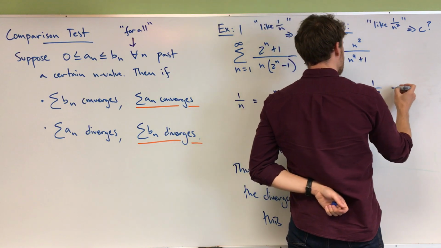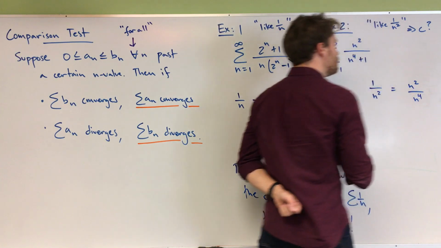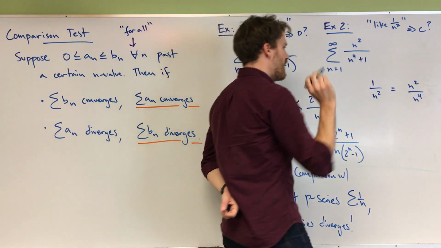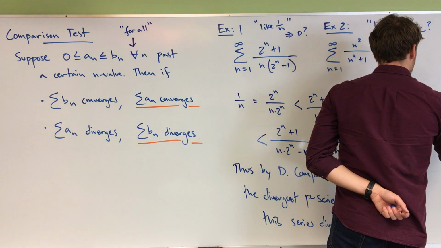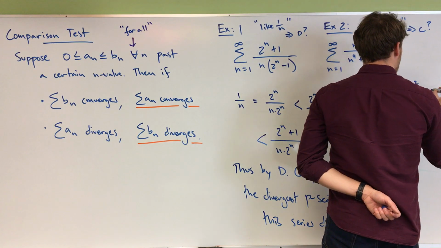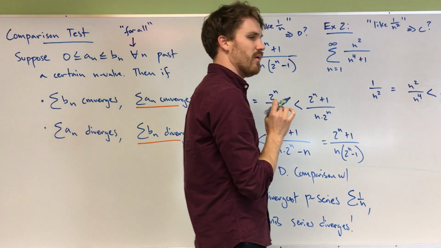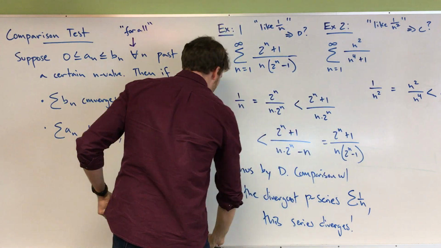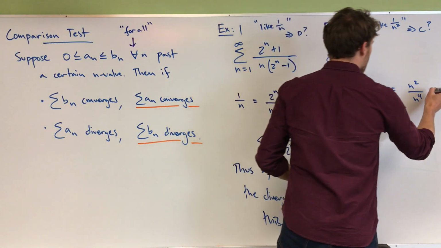So this is equal to n squared over n to the 4th. And if I add 1 to the denominator, I get something that is bigger. Now, I don't get something that's bigger, I get something that's smaller, which is good because I want it to be smaller.